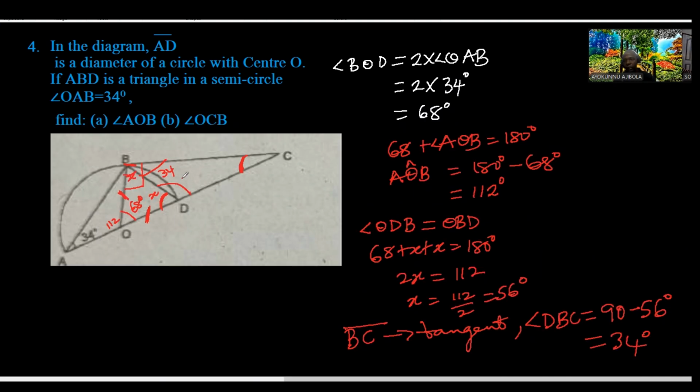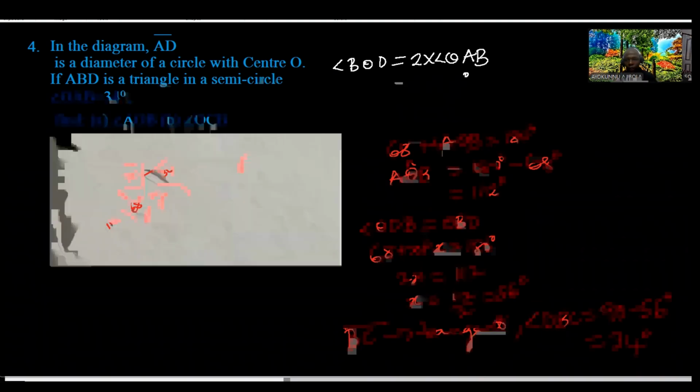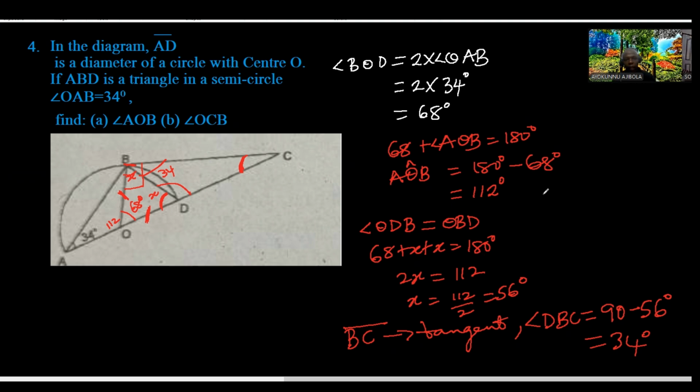Then to get this second angle, that is with 180. So we can say angle BDC equals 180 minus that 56. Okay.